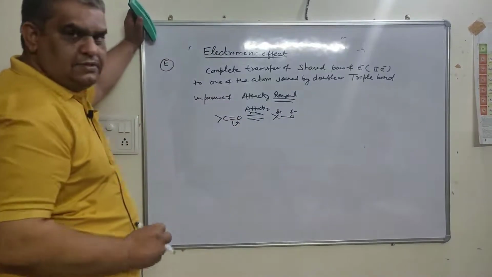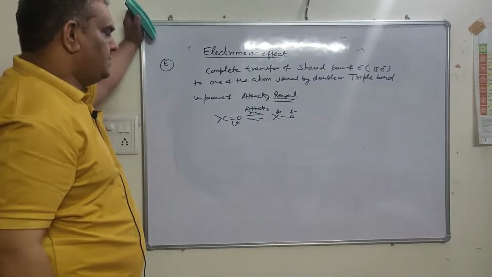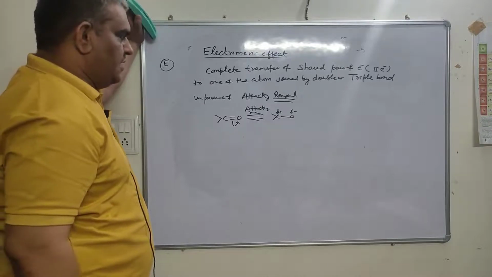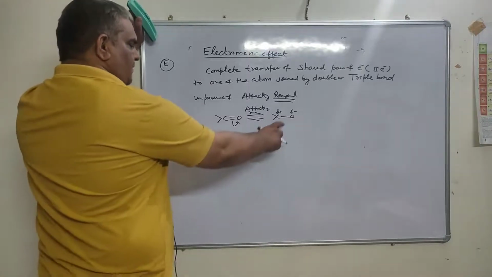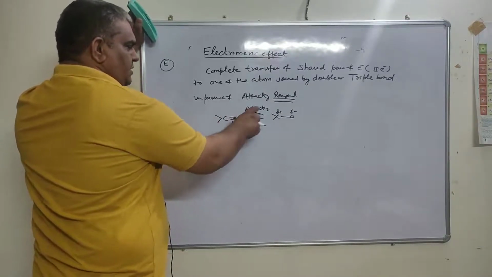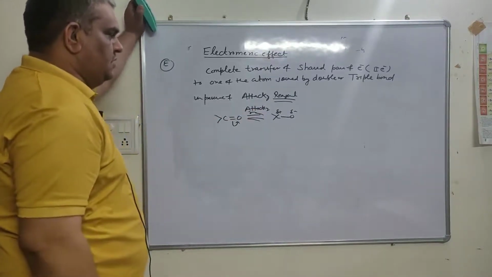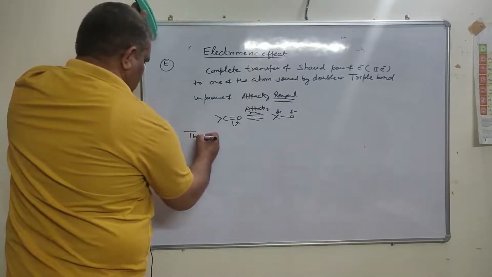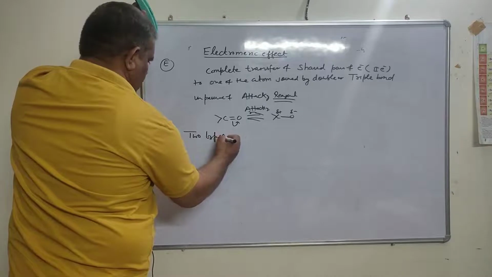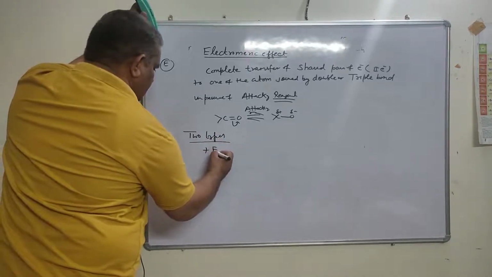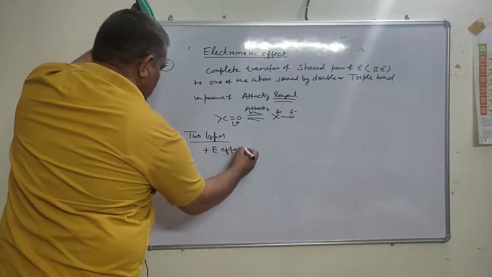This effect is temporary and operates instantaneously in presence of the attacking reagent, and the product will revert back to the original electronic structure when the attacking reagent is removed. It is of two types, the plus E effect or minus E effect.